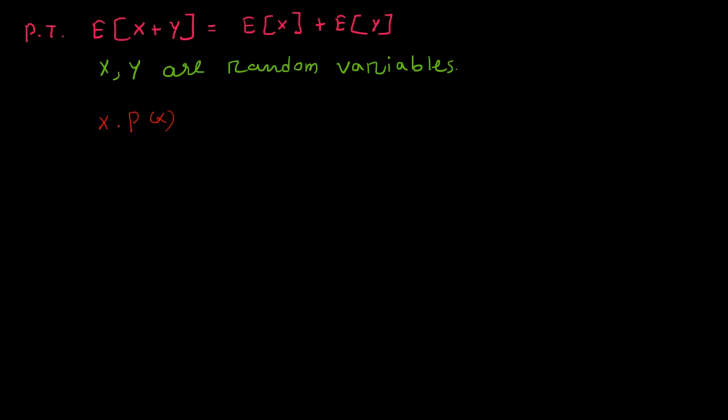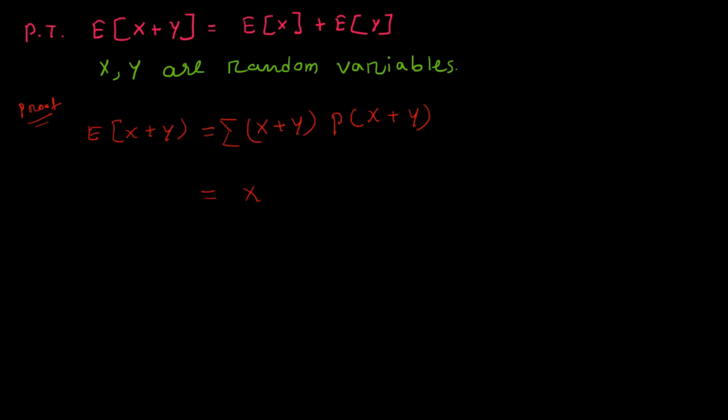Now we are going to show this proof. So let's just do it. If you are told to find the expectation of x plus y, this is the same as finding x plus y multiplied with the probability of x plus y, and you run the summation like this.